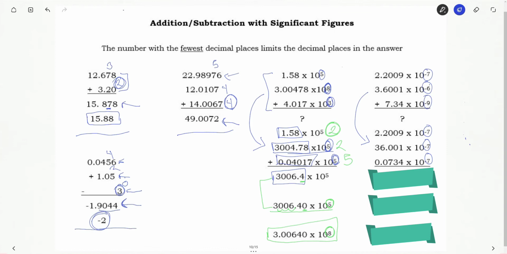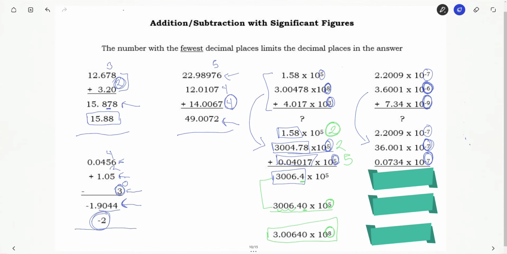So for my second number, you see I went from a 10 to the negative 6 to a 10 to the negative 2nd. So my decimal place had to move 1 space to the right. My third number, I'm going 10 to the negative 9th to 10 to the negative 2nd. So I'm going 2 places to the left.